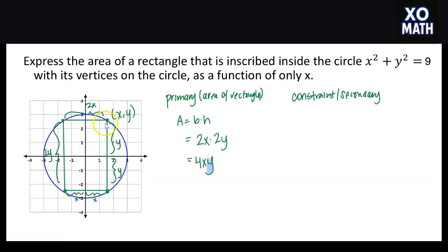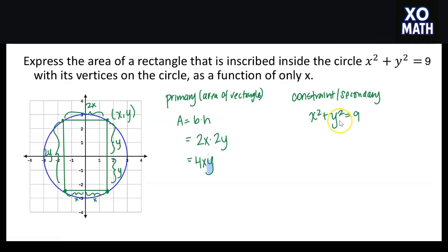Well, the restriction on this rectangle is that it's stuck inside of this circle. And we know that this circle has an equation, x squared plus y squared equals 9. So this is my constraint equation. It's an equation that relates x and y and involves the circle because it is the circle. So my constraint is x squared plus y squared is equal to 9.